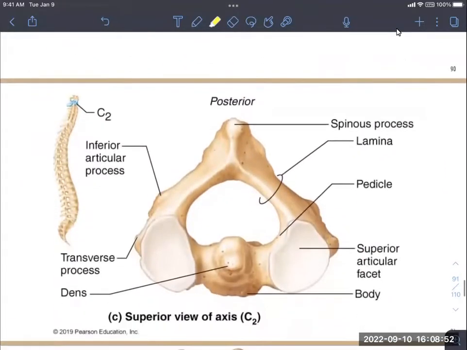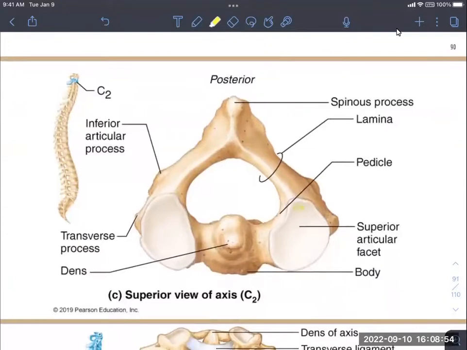So let's see here. We have those superior articular facets, just as big as what they look like on C1 on the underside. This is our dens, right here. You'll see it better when we look from the side. But the dens sits on the body of C2. You still get your pedicle, you still have your lamina. C2 has a spinous process. It kind of has a really small transverse process.